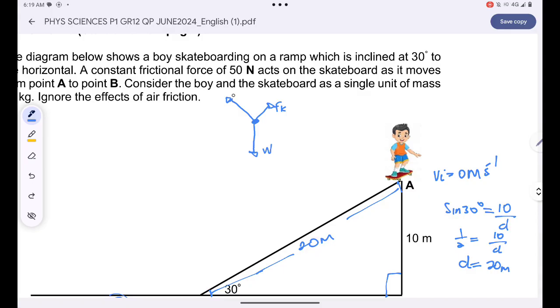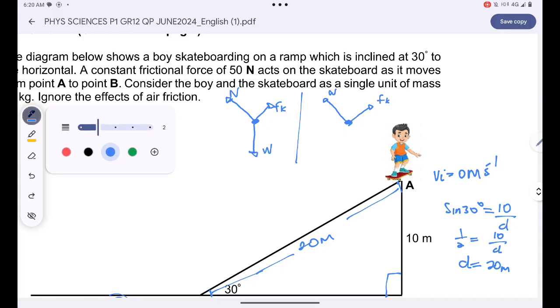Fk, weight, and normal force. You can draw a free body diagram that shows the components of gravity. You'll still have your kinetic friction, and your normal force, which is always perpendicular. And then you'll simply have your Fg parallel as well as Fg perpendicular.